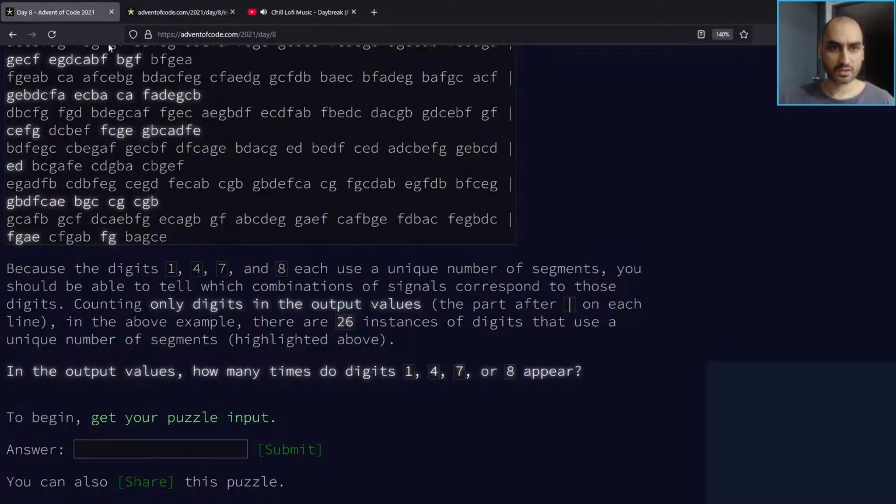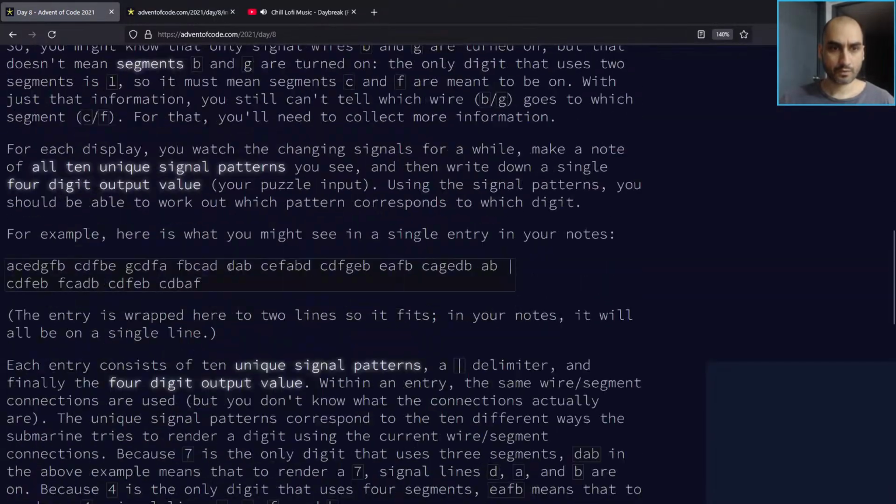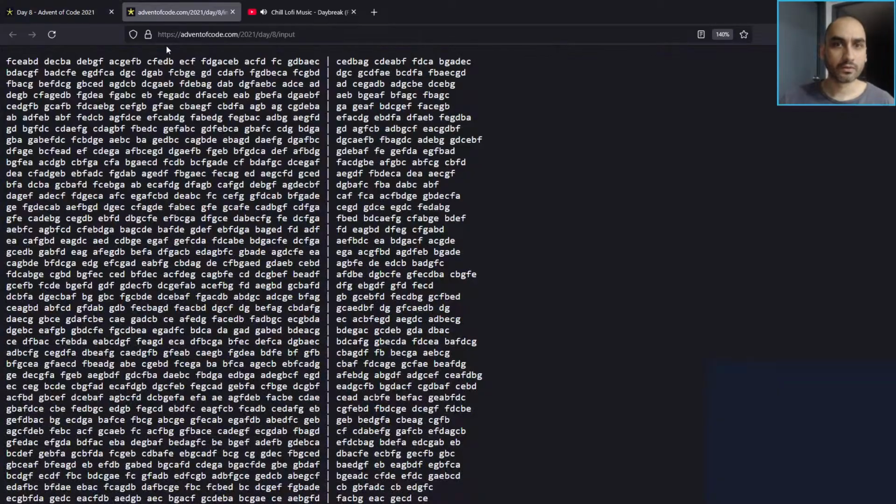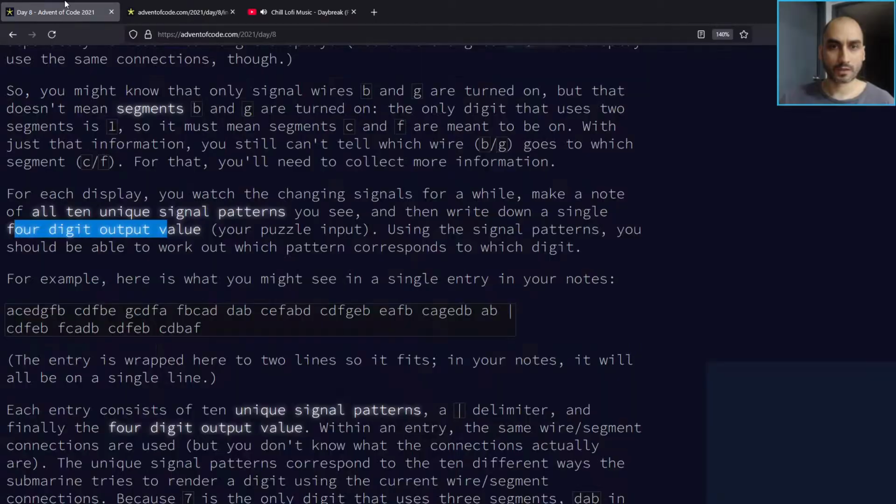These are entries. Single 4-digit output value. Oh! I see. It's on the right. Okay. So the pipe symbol is separating the, that's the 4-digit output value.